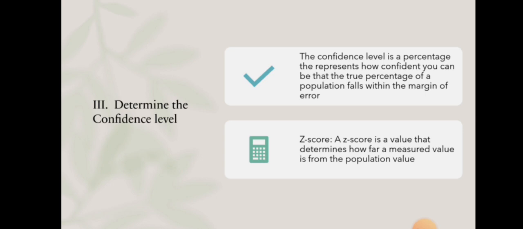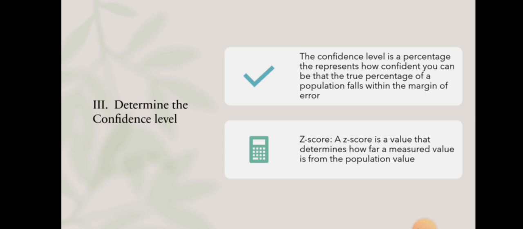It is determined from the value of Z, or Z score. The Z score is a value that determines how far a measured value is from the population value. There is a Z score value table from which we can determine the confidence level.